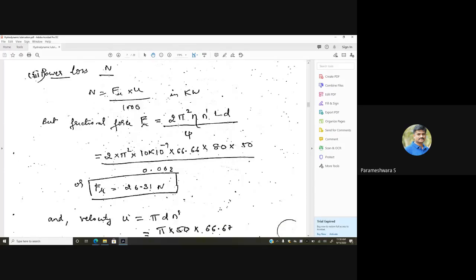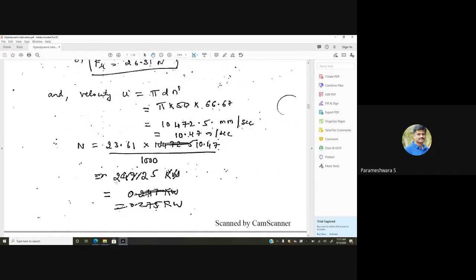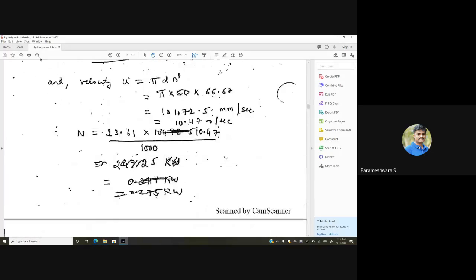Make use of that formula, calculate the frictional force, just a substitution and calculation. Power loss comes to be 0.275 kilowatt. This is the power loss.